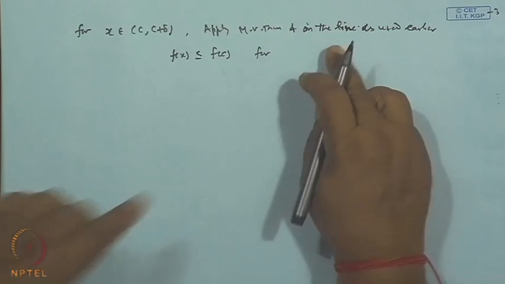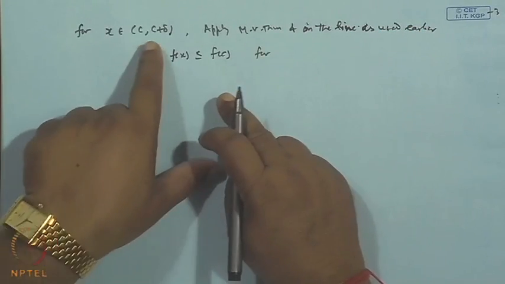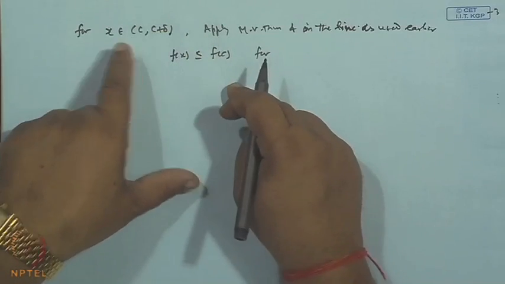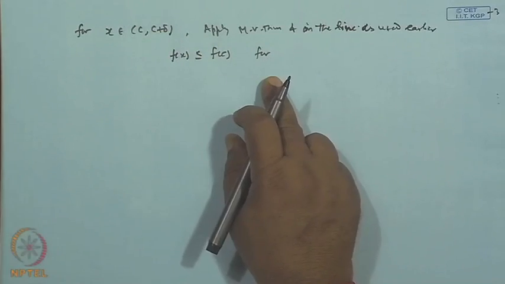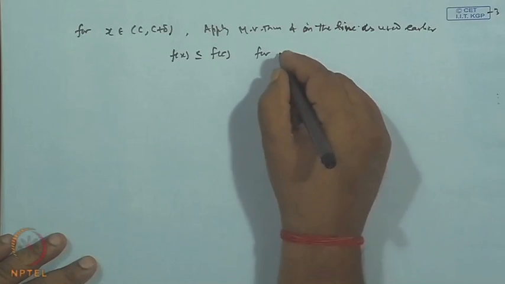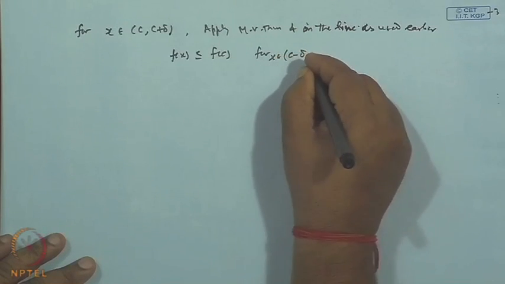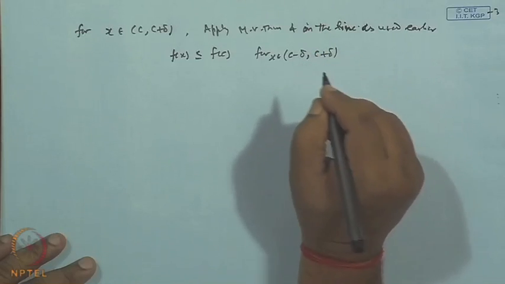So, this is less than or equal to this for x belonging to c to c plus delta. Follow?